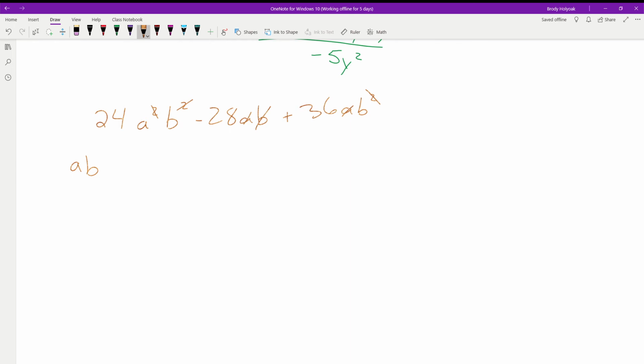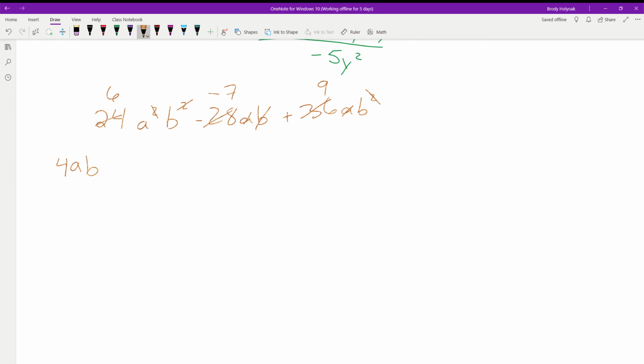So if we pull 4 out of 24, that's how much? Okay. So we'll pull 4. We're left with 6. We pull 4 out of 28. We're left with negative 7. We pull 4 out of 36. What was it? 9. Thought I heard it. 4ab.